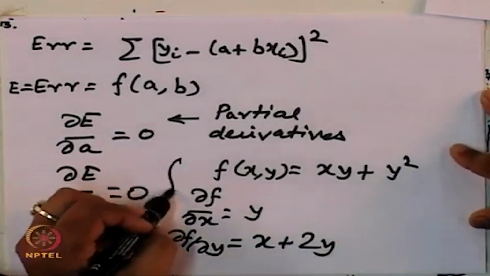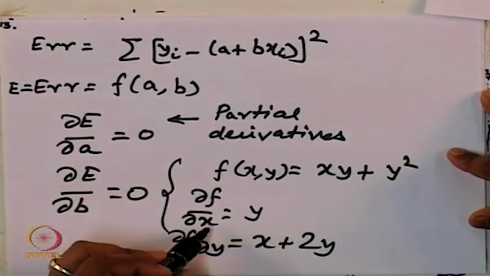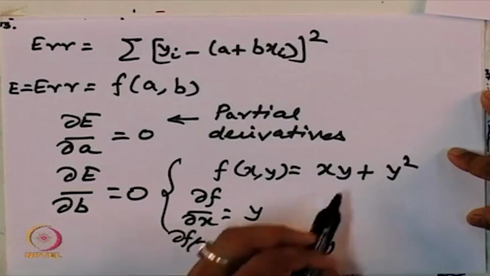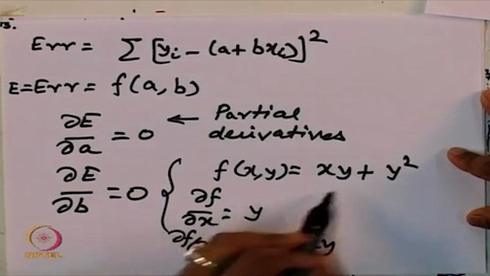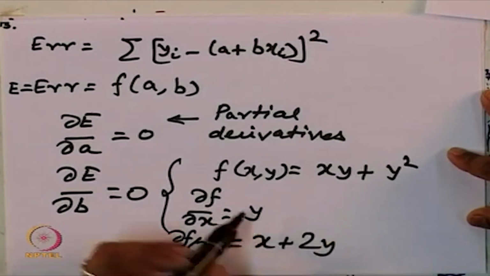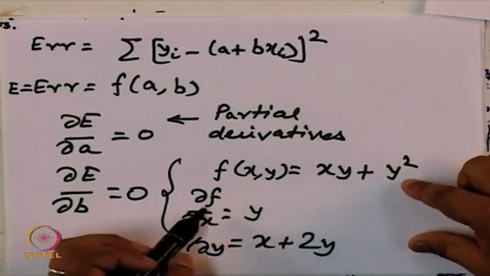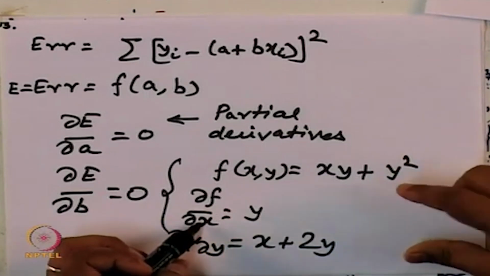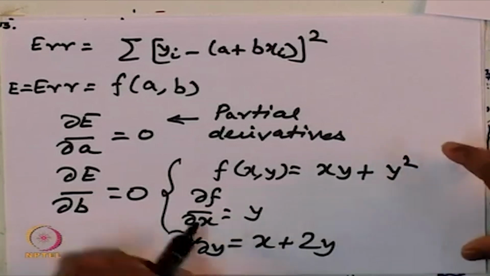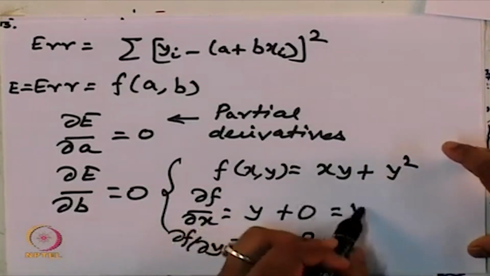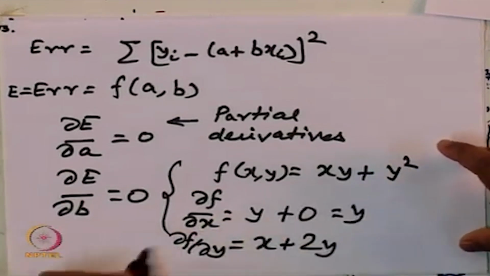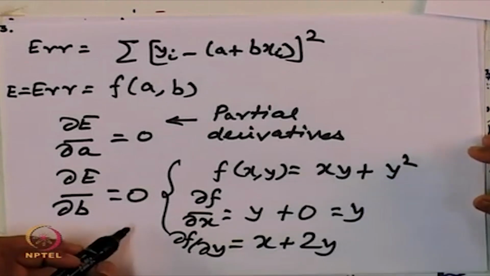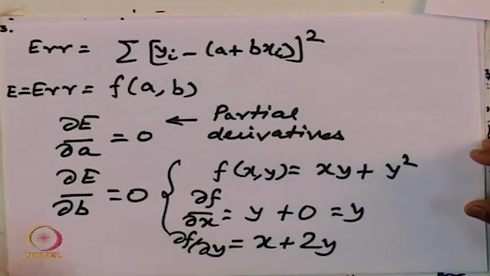So, when you take the partial derivative with respect to x, you assume that y is constant. So, if y was a constant, when you take this derivative, it is simply y, and because y square is treated as a constant, del x of y square is equal to 0. So, this is actually y plus 0 is equal to y. Okay. Similarly, I can take del f del y is equal to x plus 2y is what I get.